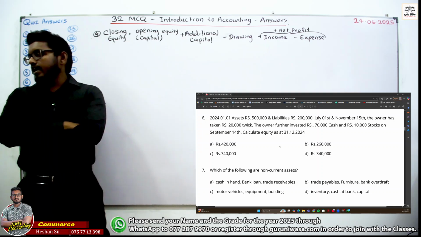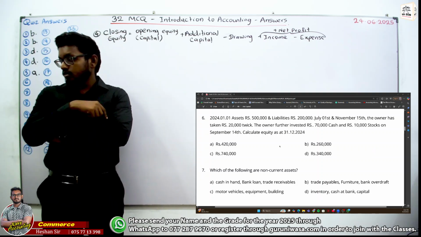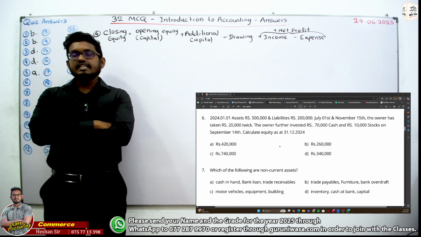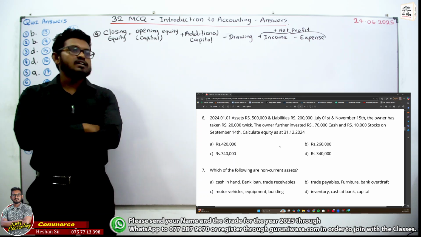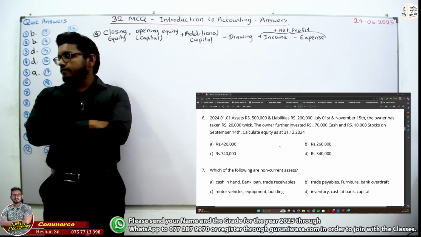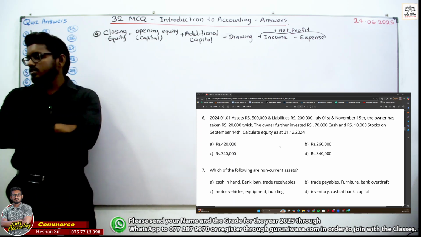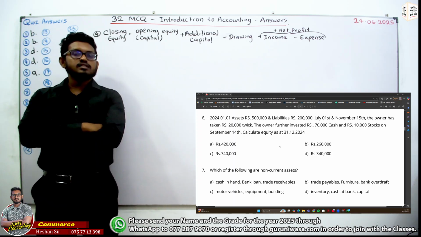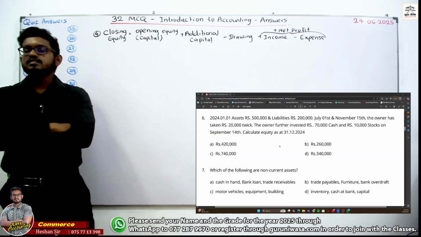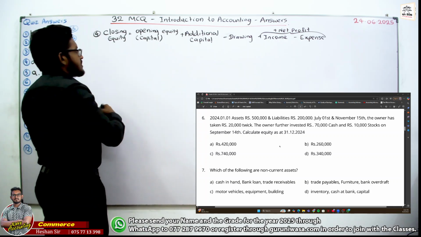July 1st and November 15th, the owner has taken 20,000 twice. The owner further invested 70,000 cash and 10,000 stocks on September 14. Calculate the equity as at 31st December 2024. They are asking about the closing equity.